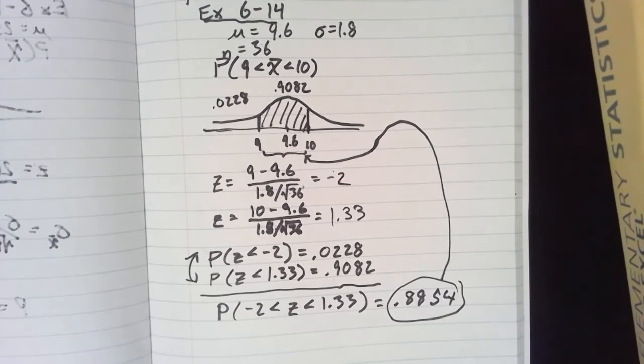That's the probability that our selected 36 employed people, that's our sample, and that's our sample size, remember, n was 36, that their drive to work, their average as a group, is between 9 and 10 miles. All right, so let's pause for a moment and move on to the next example. That would be example 6-15 on the next page over.